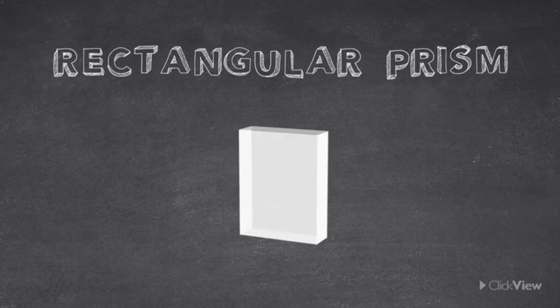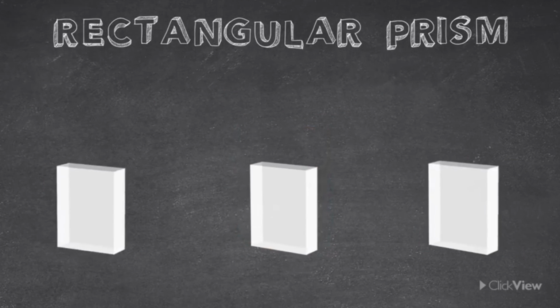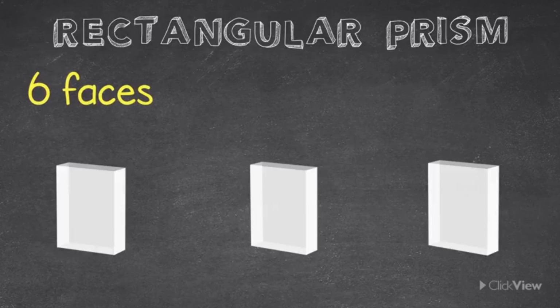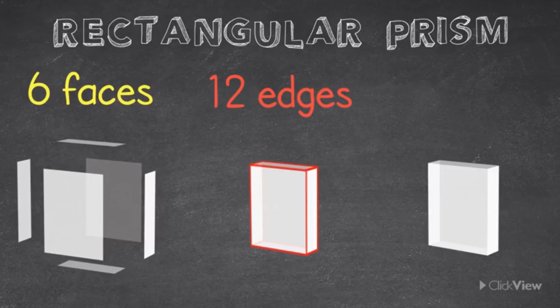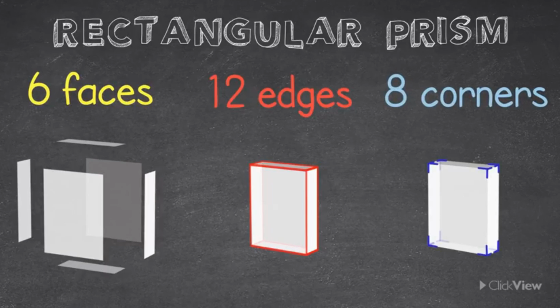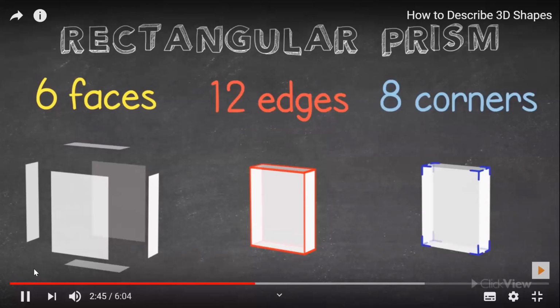This shape is called a rectangular prism. A rectangular prism has 6 faces, 12 edges, and 8 corners. It's very similar to the cube. Rectangular prism, because it has a rectangular shape.